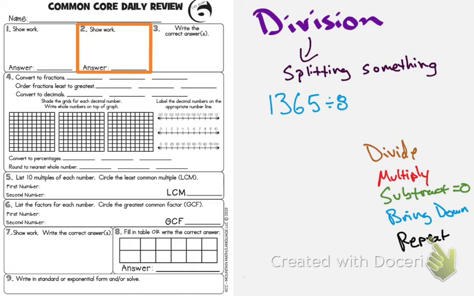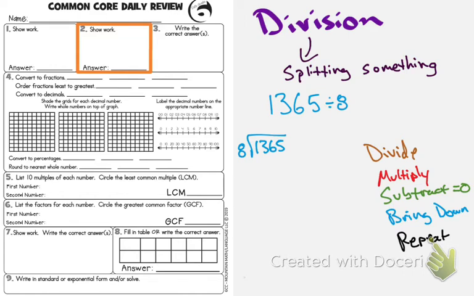We have to remember what part goes inside of our division box and what part goes on the outside. And the dividend, or the number that's being split up, is always what goes inside of that box. So 1,365 is what's going to go inside of that box, and 8 goes outside.